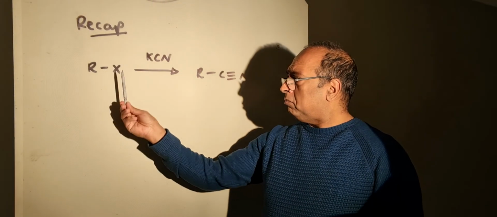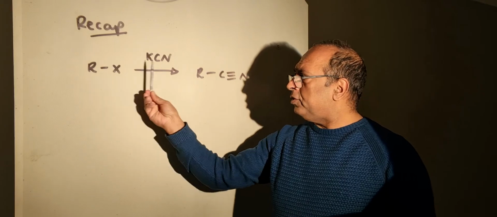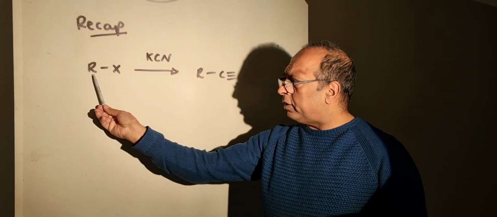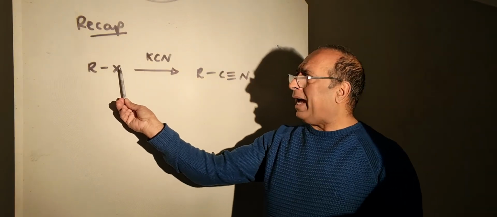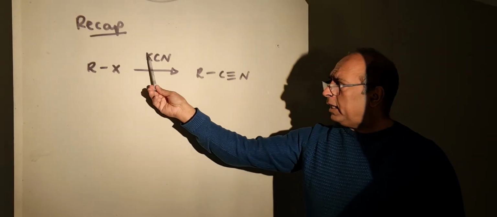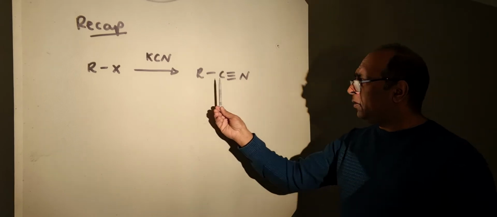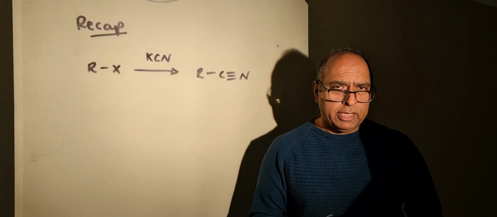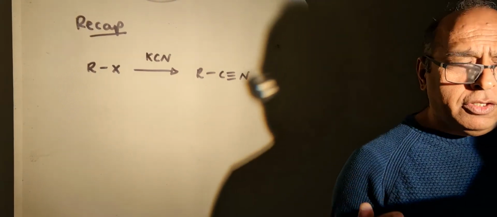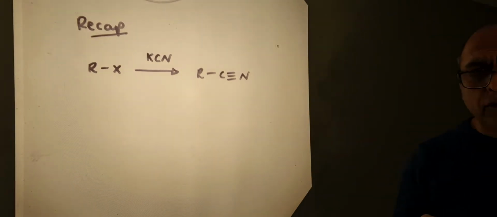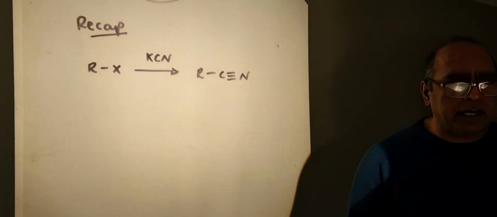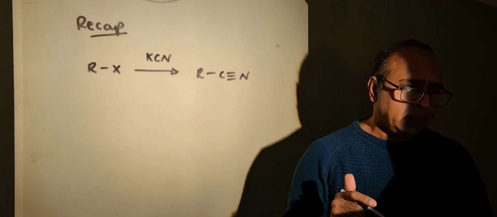So, haloalkane reactions, nucleophilic substitution, the cyanide ion goes in, the X as a halogen gets kicked out, you get potassium halide formed as well. But the main thing I want to focus on is that we got a cyanide, or the modern name for cyanide, we got a nitrile.